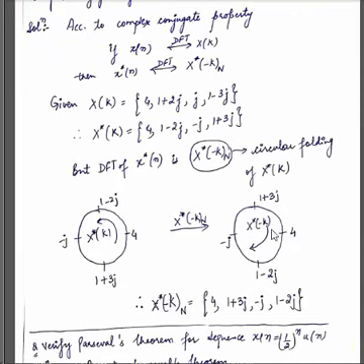To write down the sequence, X conjugate minus k is 4, 1 plus 3j, minus j, 1 minus 2j. That is the circular folding of X conjugate k.